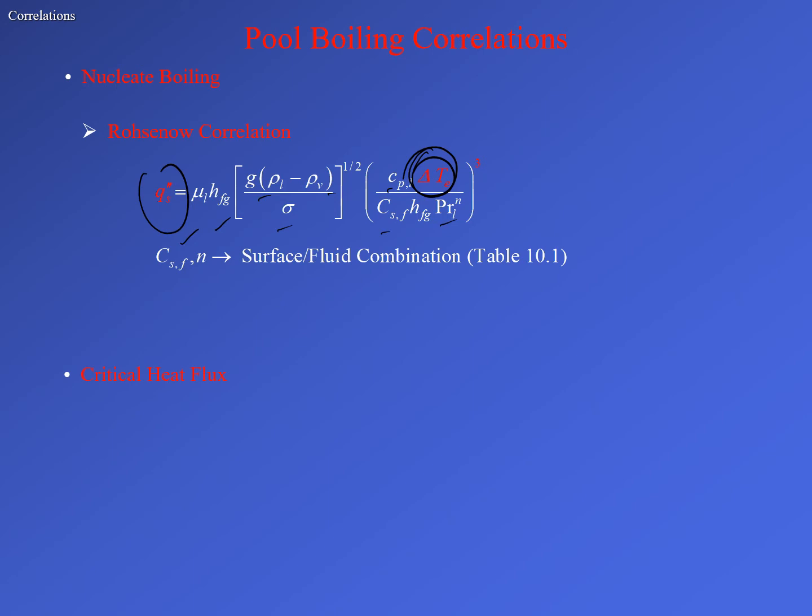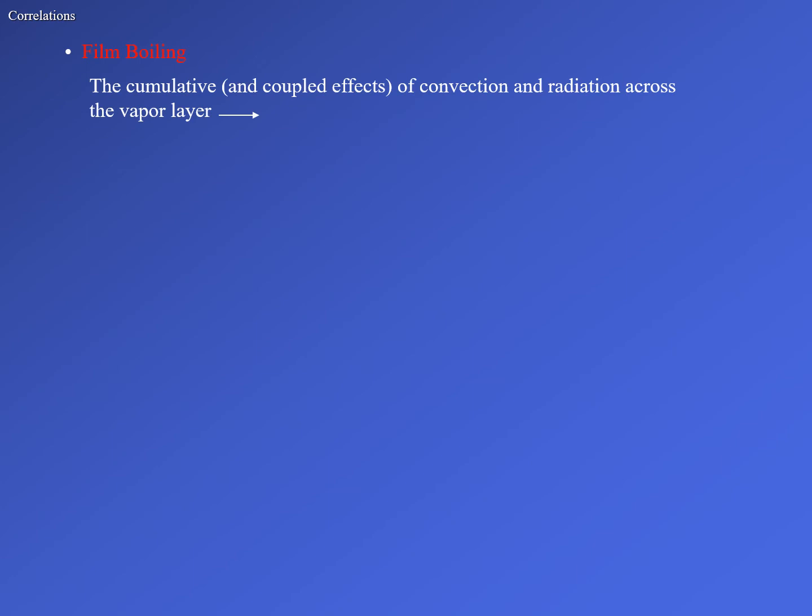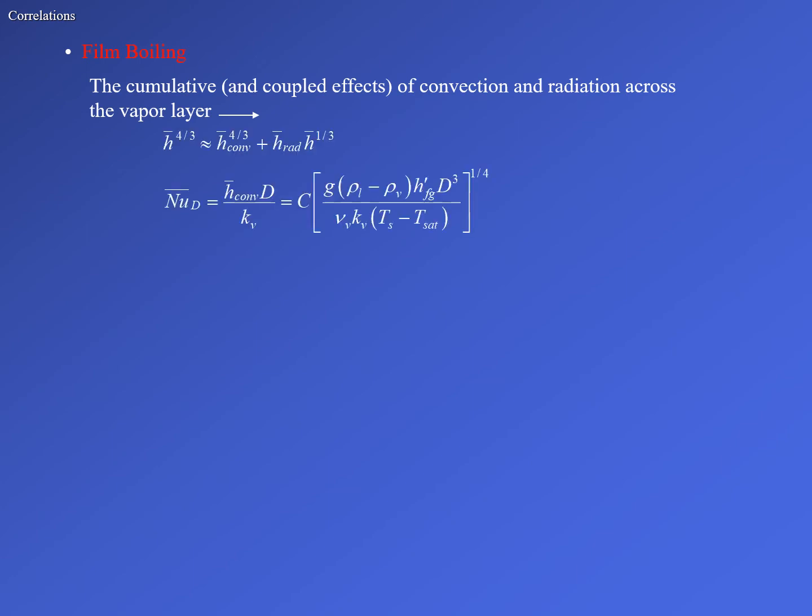Then, as I said, you would want to operate in a region just behind the critical heat flux, because the heat transfer coefficient associated with critical heat flux is maximum. You can also calculate your critical heat flux value using the correlation that's given to you. For the film boiling regime, you would want to use a slightly different correlation, which is given here.